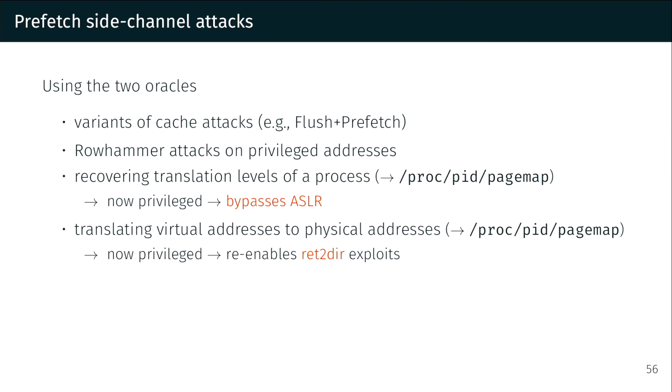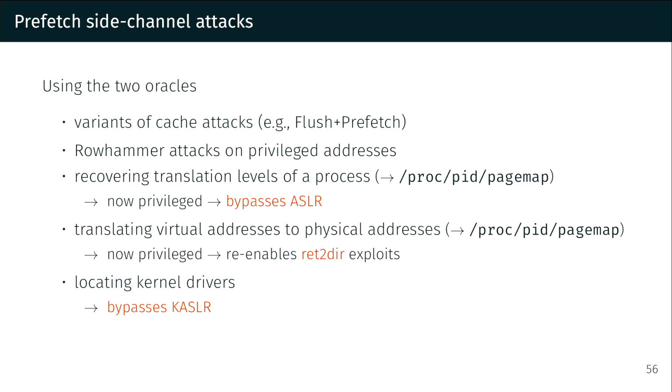And by doing that, you can bypass address space layout randomization. In addition, as I told you, you can translate virtual addresses to physical addresses, which is now also privileged with the pagemap file, and using that, it re-enables return-to-direct exploits, which have been demonstrated last year. On top of that, we can also use this to locate kernel drivers, as I told you. It would be nice if we can circumvent KASLR as well.